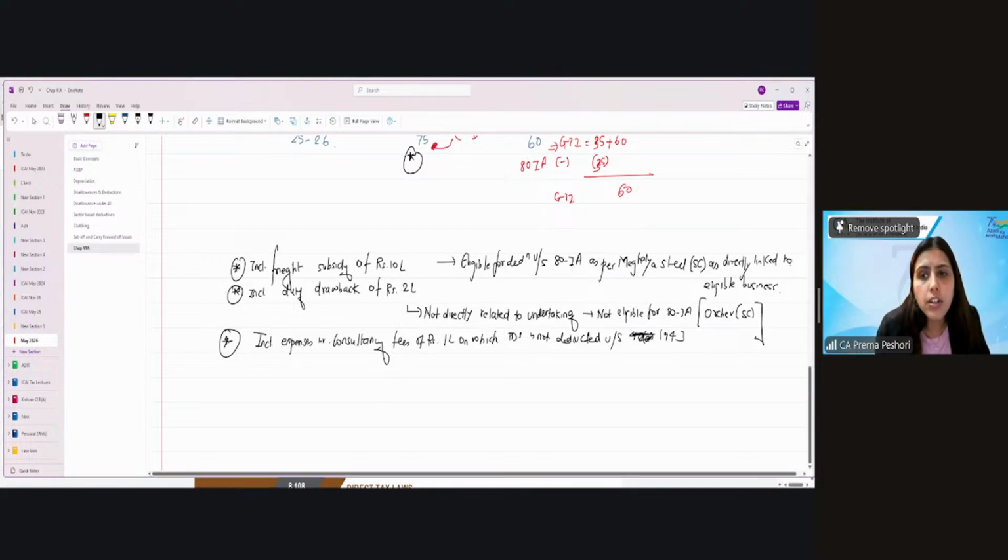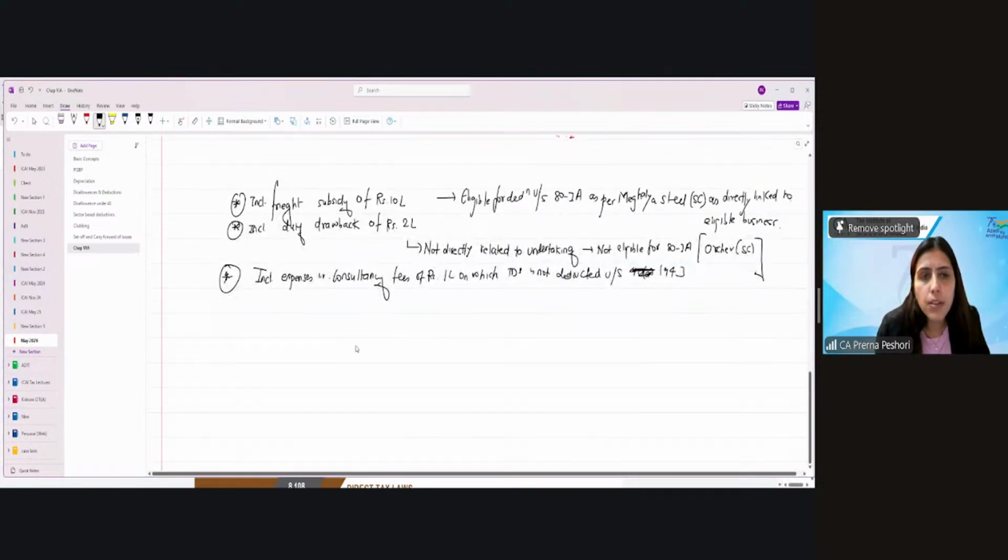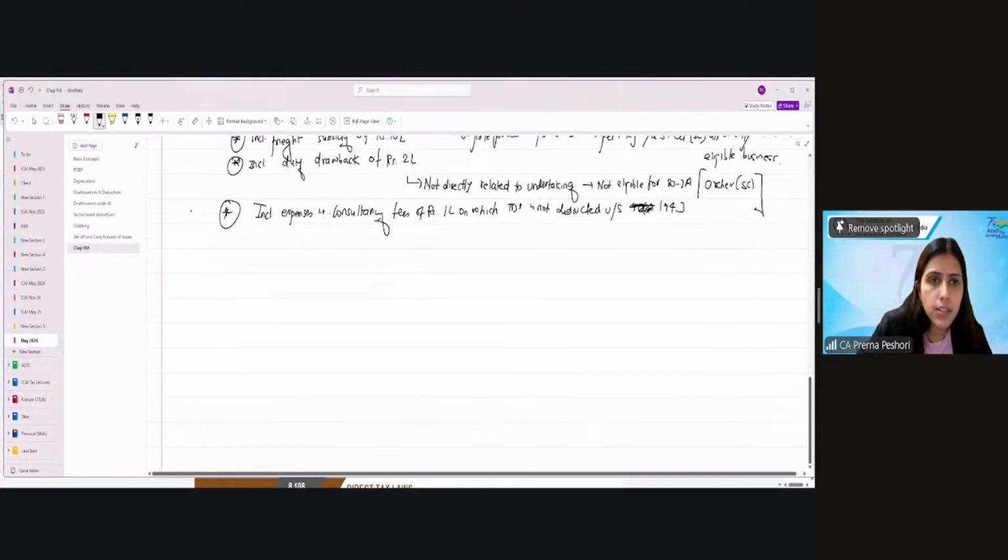So if TDS is not deducted under 194J, what will happen? Disallowance.